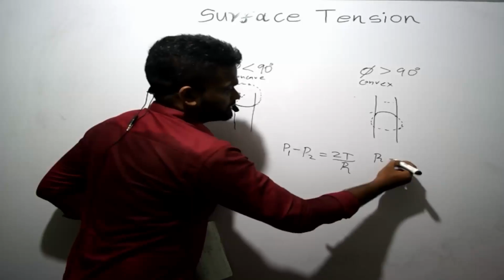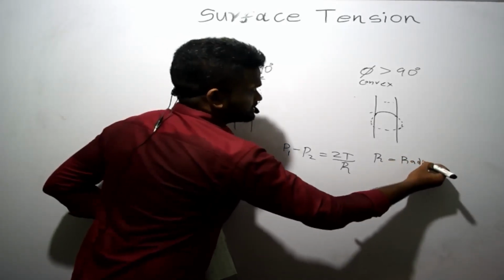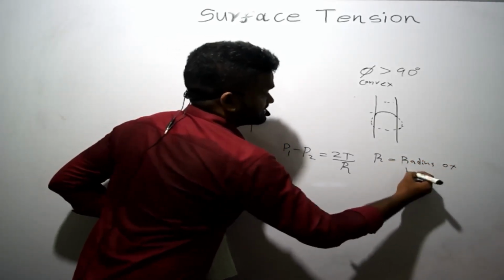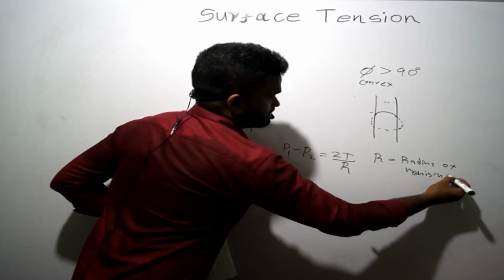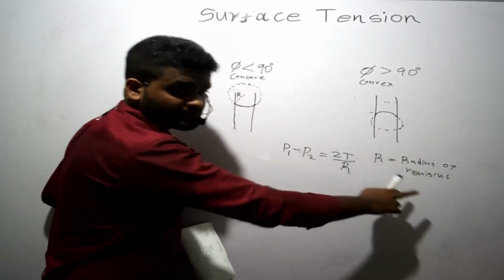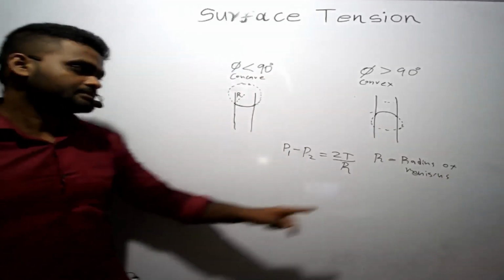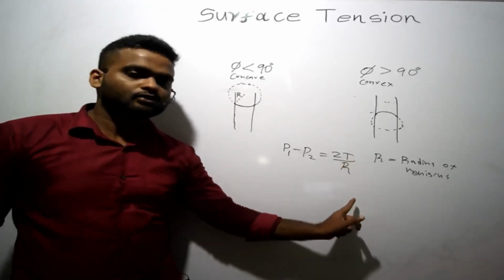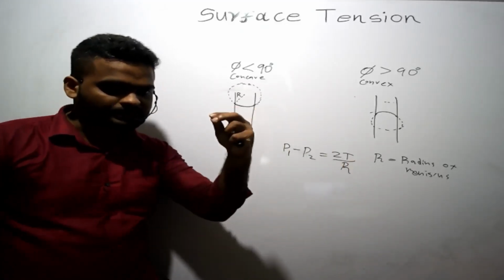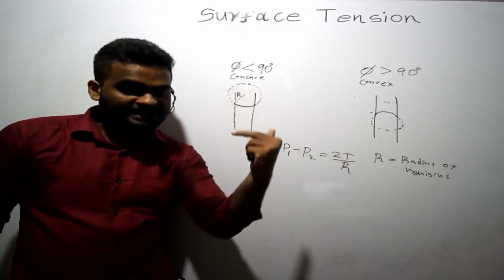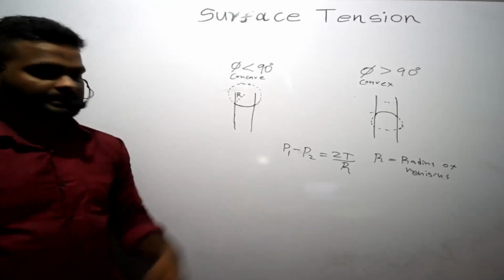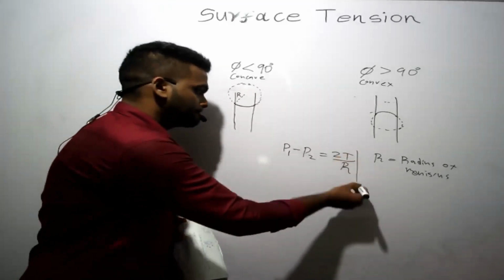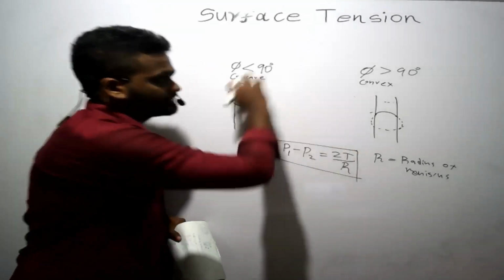So capital R is what? Radius of meniscus, not the tube, right? Radius of meniscus, capital R. That's all you have to do to find the pressure difference across a meniscus. Take it down. Take the whole thing.